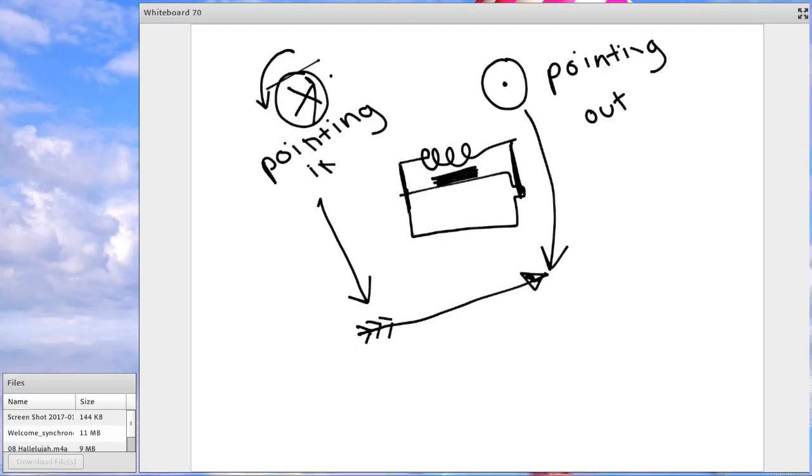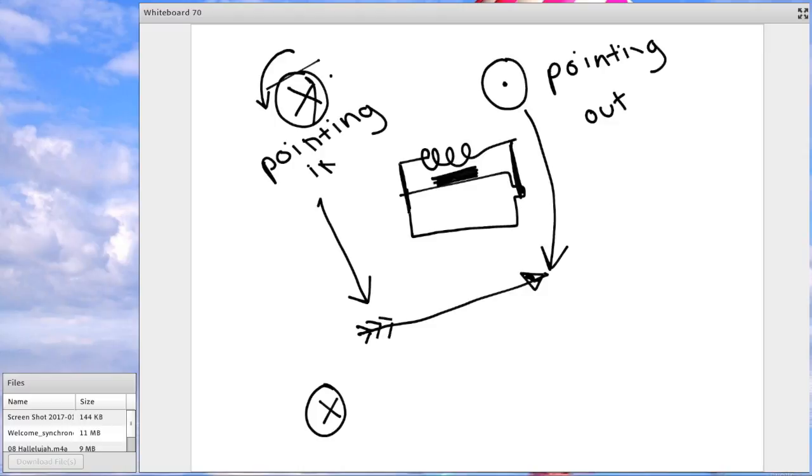Okay. So let me draw this again. Your thumb would be pointing into the paper, like the tip of the arrow, and then the butt of your right hand would be this part.